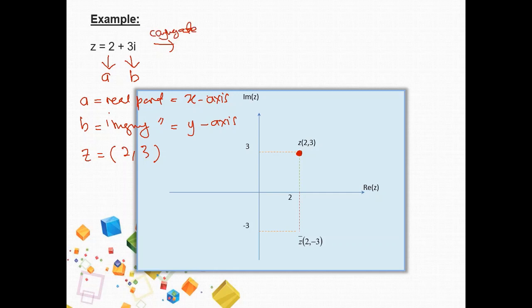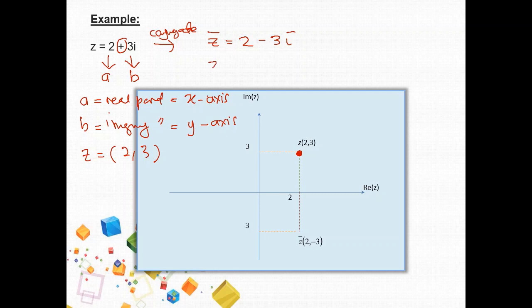Okay, so what is the conjugate of our z here? It is z bar. Don't forget to write z bar because that reflects the conjugate. It will change only the sign of the imaginary part. Since the sign is positive, when we conjugate the complex number, it will change to negative 3i.